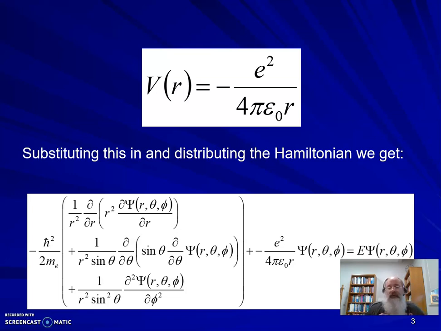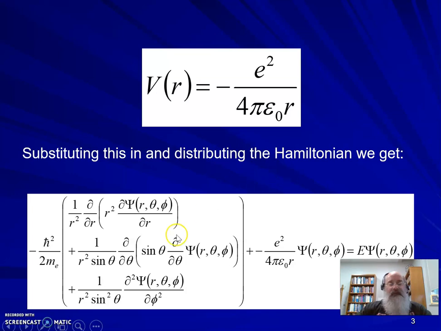Now, in order to do this, what we're hoping is that we'll be able to use separation of variables like we have in the past and write a wave function that can be separated into 3 separate functions, one of which depends on radius, one depends on theta, and one depends on phi.